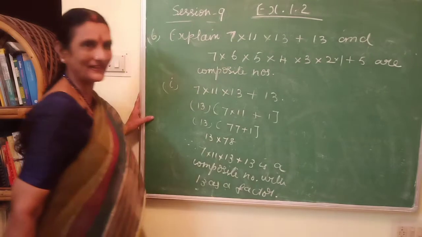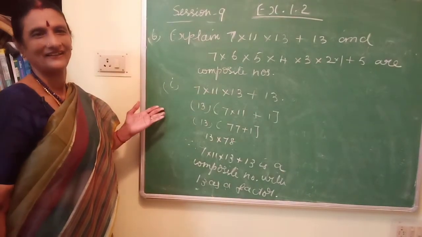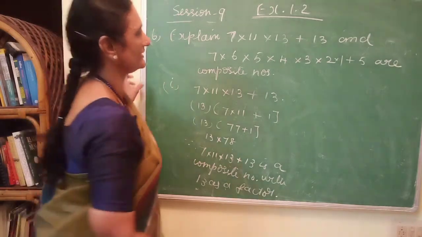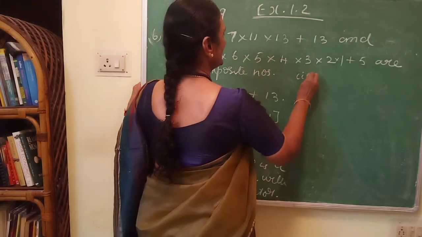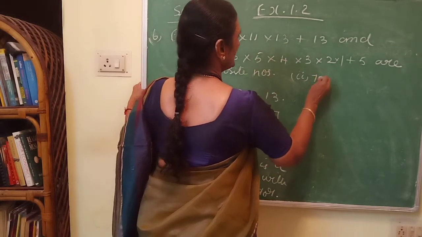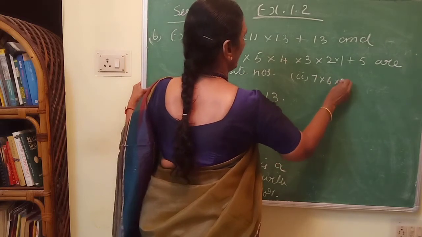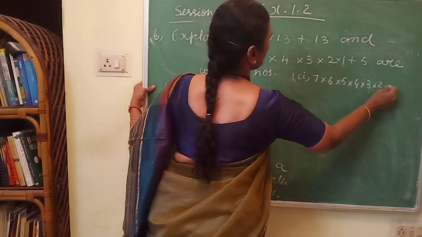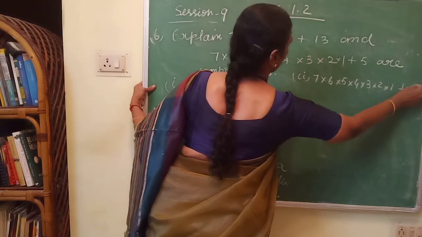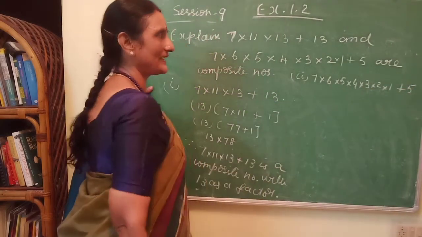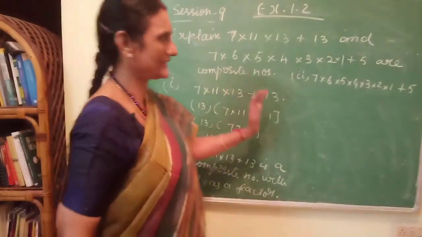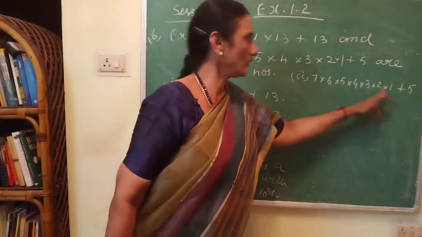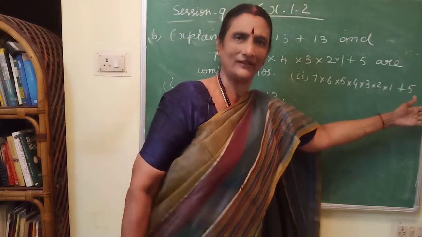Are you understanding? This is it. Is it clear to you? That's it. Now go to the second subdivision. We have 7 into 6 into 5 into 4 into 3 into 2 into 1 plus 5. This is a product of so many numbers, and here it is plus 5, one single term. So if you look at this, it is 5 into 1 only, isn't it?